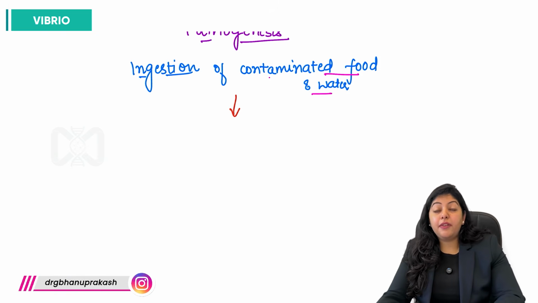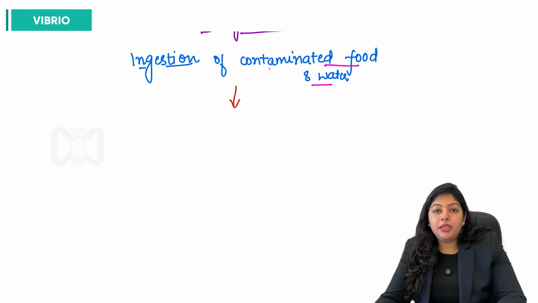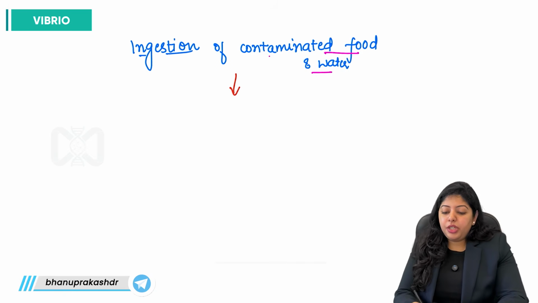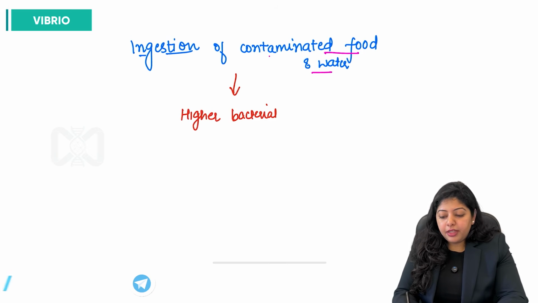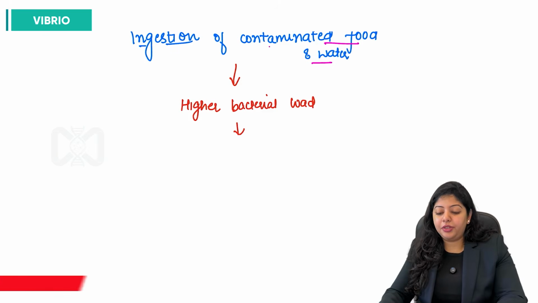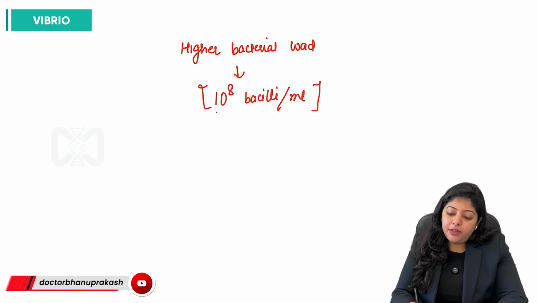And in your exams, you're also asked about the bacterial loads of different bacteria, and you need to remember that. So what is that bacterial load that is required? It is 10 to power 8 bacilli per ml of stool, right?